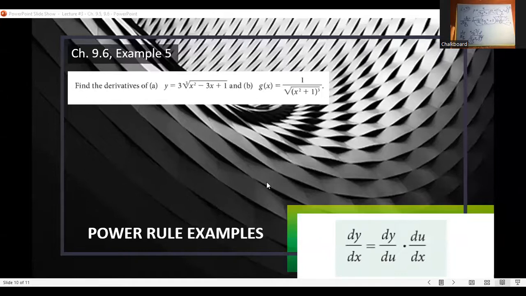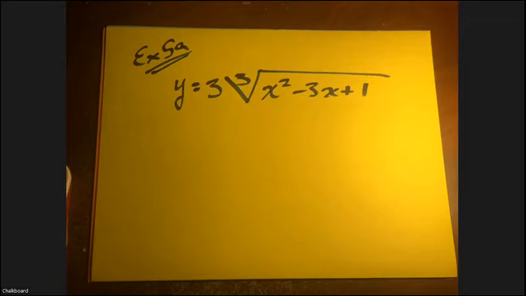And here we have find the derivative of these 2 things. In the last 5 minutes, I'm going to see if I could crank those out. Let's try. First one is... yeah, I know we only have 4 minutes left, but watch this.